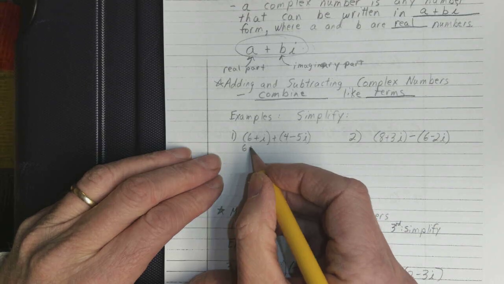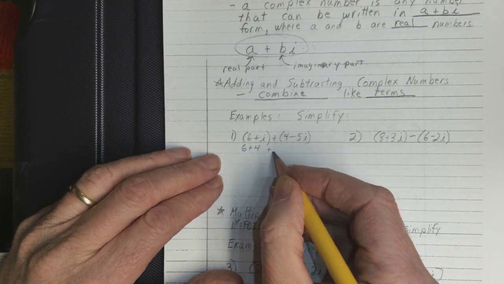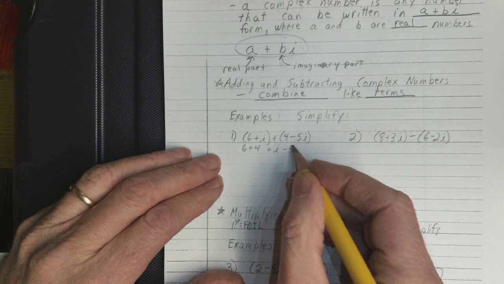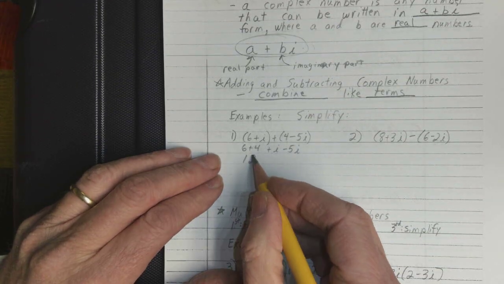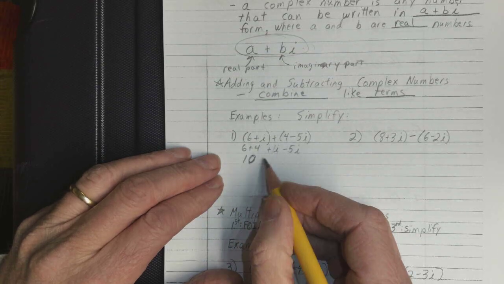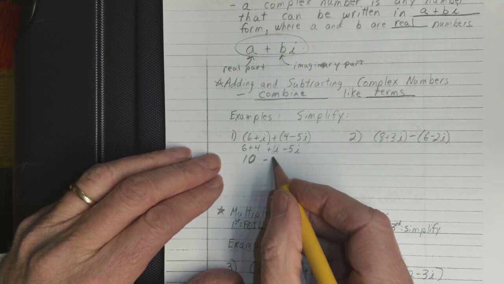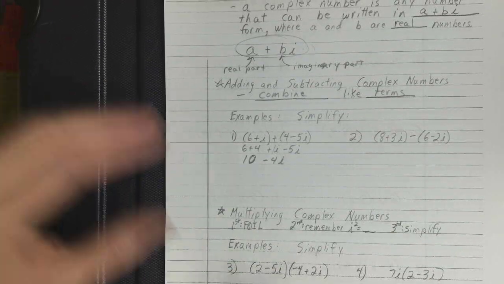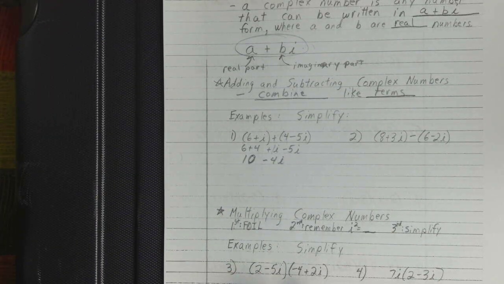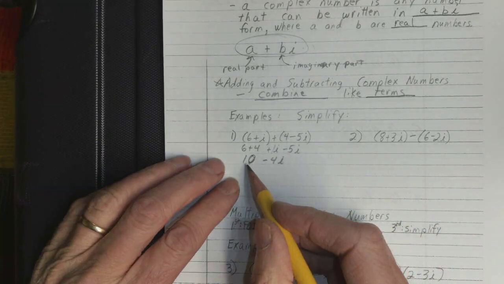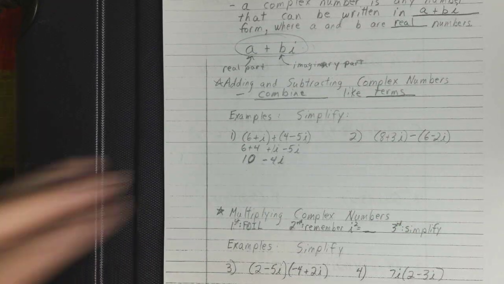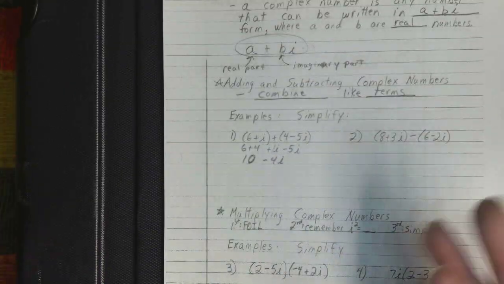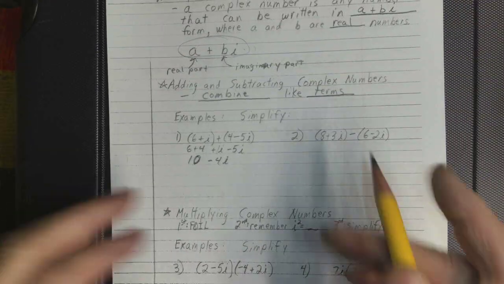So we basically are going to add the 6 and the 4 and the i and the negative 5i together. 6 plus 4 is 10, and this is 1i minus 5i, which is negative 4i. And you have a is 10, b is negative 4. So the real part is 10, the imaginary part is negative 4. So that's all there is when you have to add or subtract.